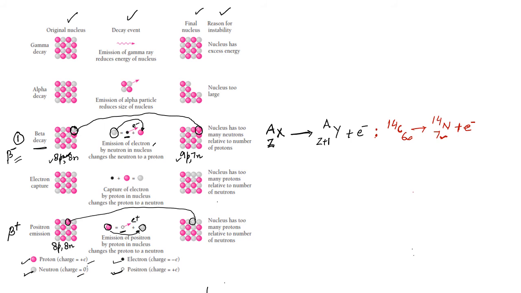So now we have 7 protons and 9 neutrons.